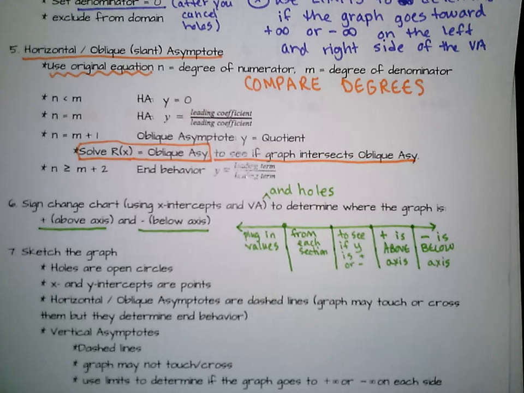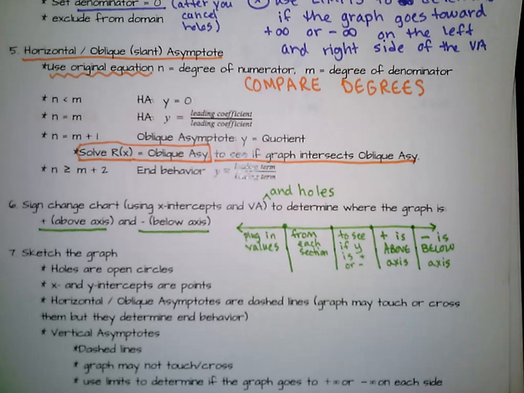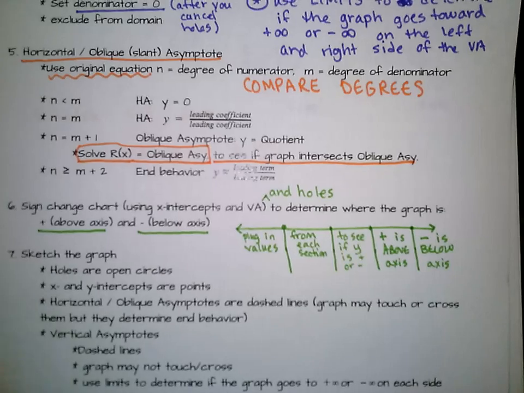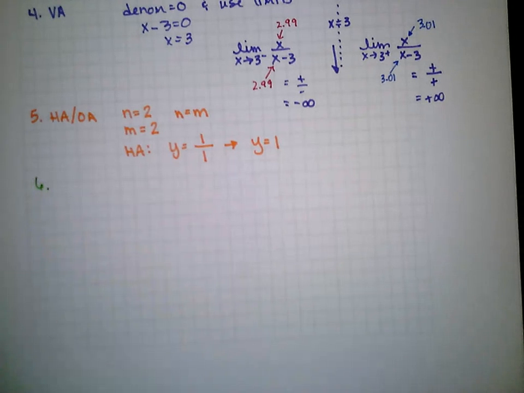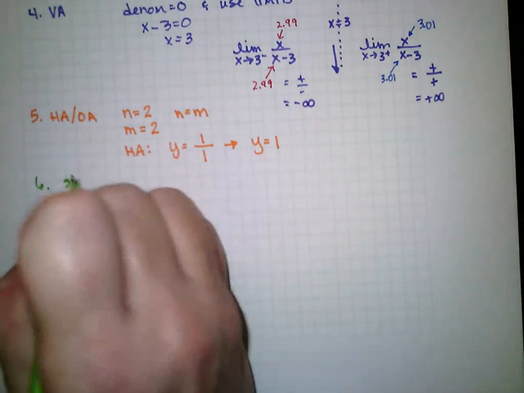So let's check our test chart in our problem here. Okay, so 6. We need to know we have a sign chart.